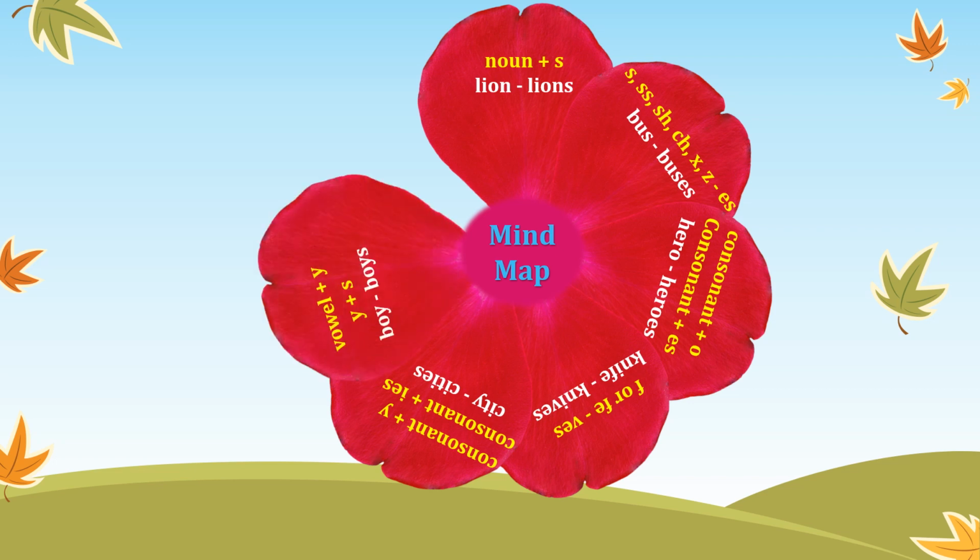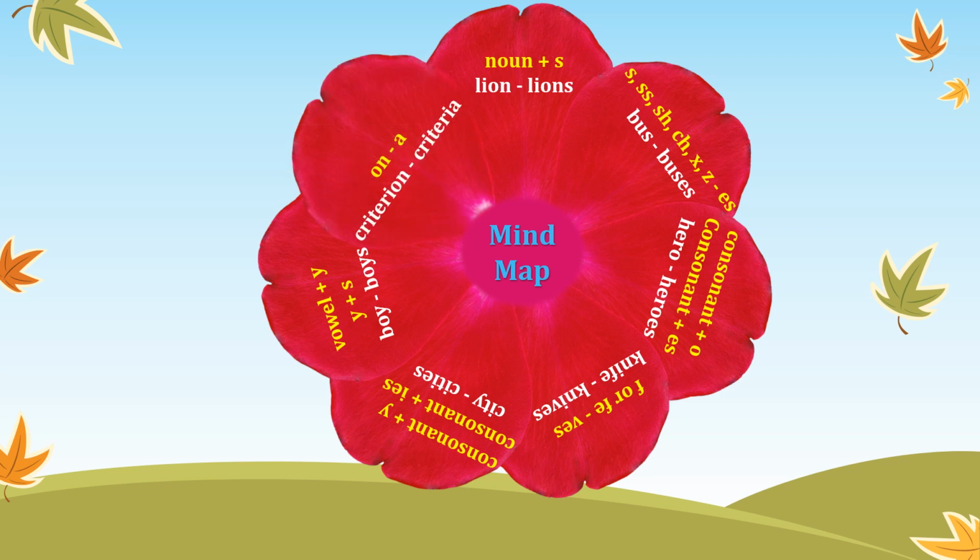Rule number 6. Just see if your noun is ending with Y and before Y you have a vowel. You don't have a consonant. Then in that case, Y will not get cut. We just have to put S and your noun will become plural. For example, boy will become boys.